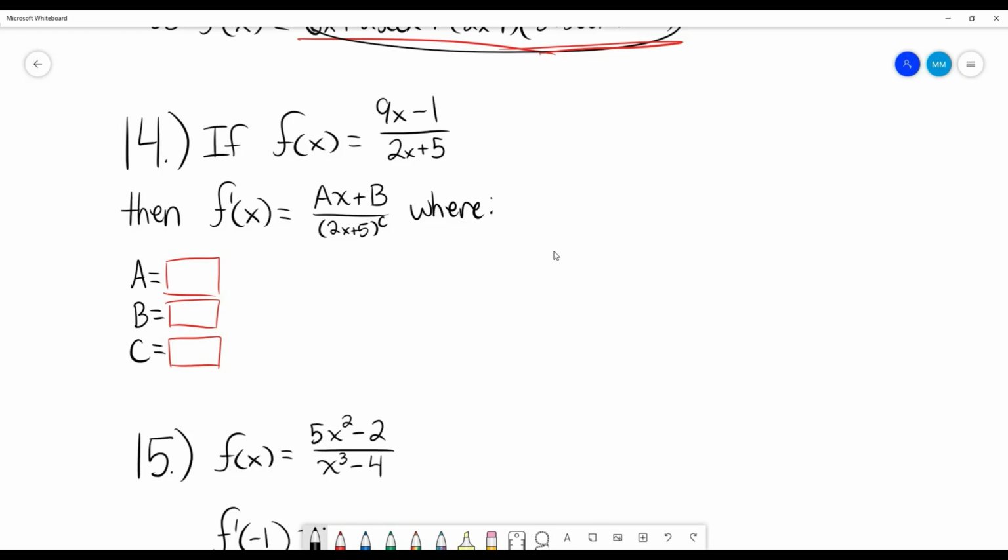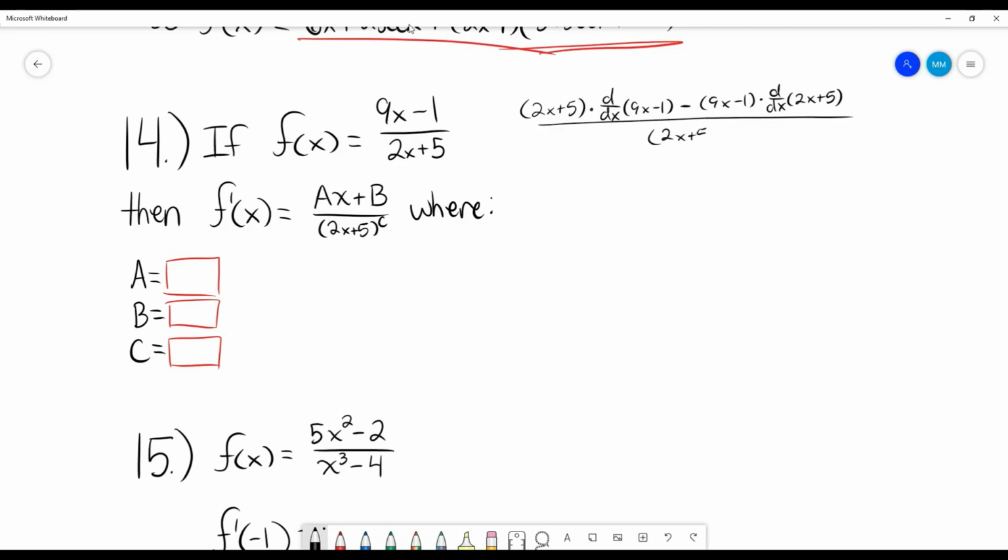So the quotient rule tells us if we have this bottom term and this top term, the derivative of this quotient is going to be the bottom term times the derivative of the top term minus the top term times the derivative of the bottom term over the bottom term squared.